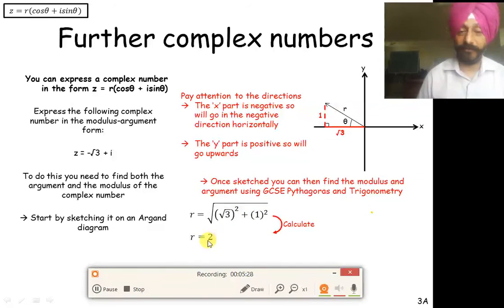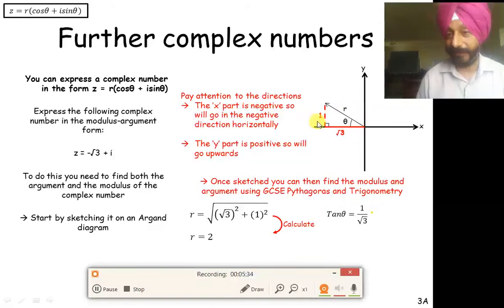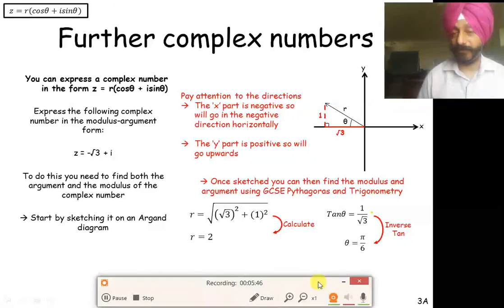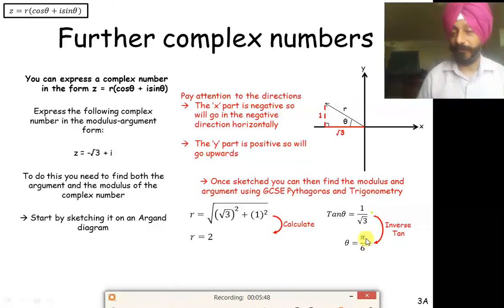So we got 4, and the square root of 4 is equal to 2. Similarly, tan theta is equal to perpendicular over base, which means 1 by root 3. Taking inverse, we get theta is equal to pi by 6.